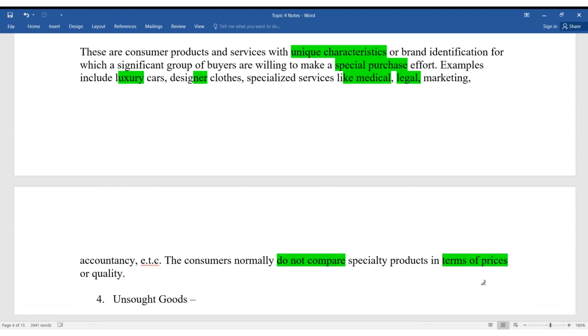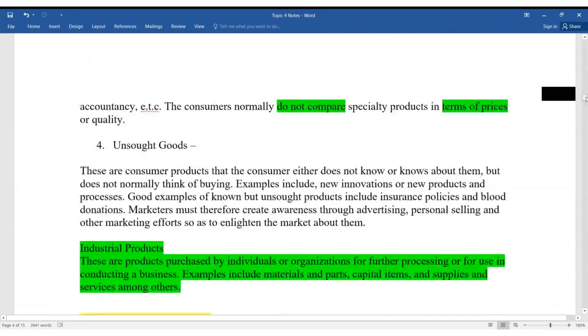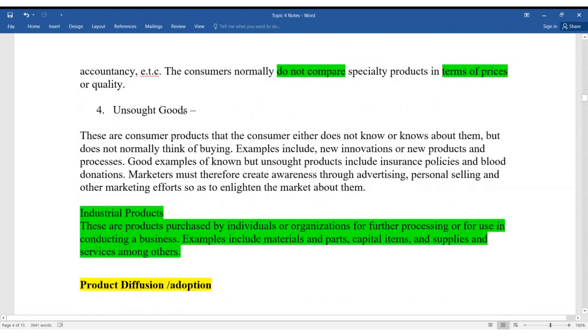The last category of consumer goods is the unsought goods. Unsought goods are those goods that people don't normally think of buying. Mostly new products because people don't know about them.